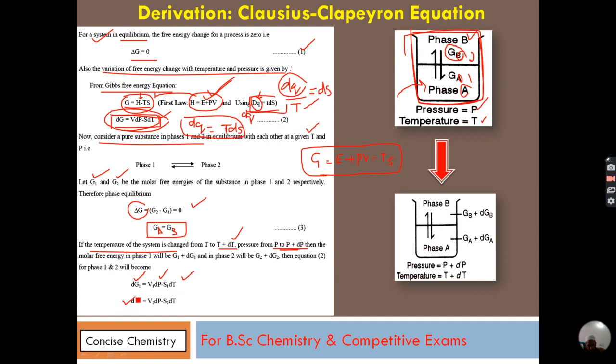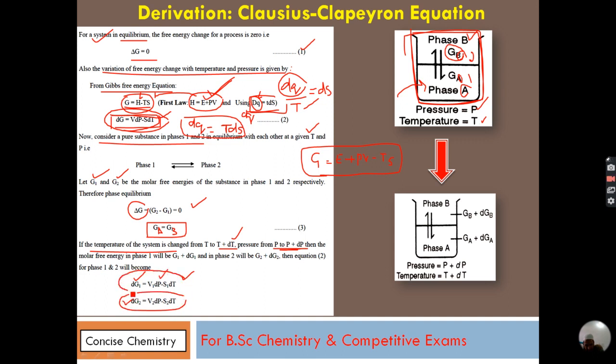For the substance in phase 1 and for the substance in phase 2, or substance in phase A and phase B, क्योंकि हमारा जो substance है that is same, only the phases are different. So दो phases के लिए you can write down these two equations.